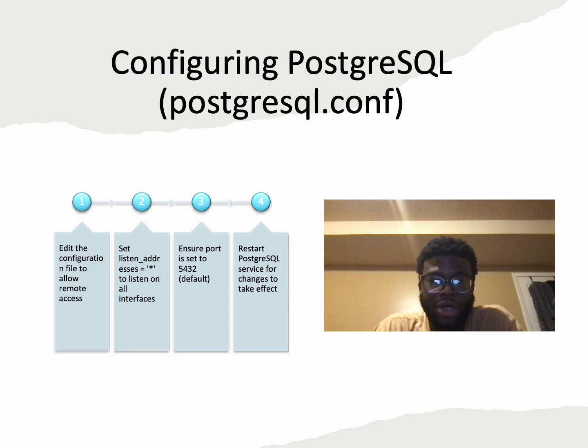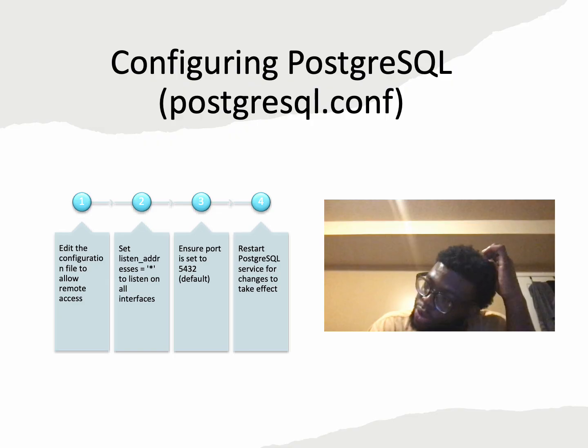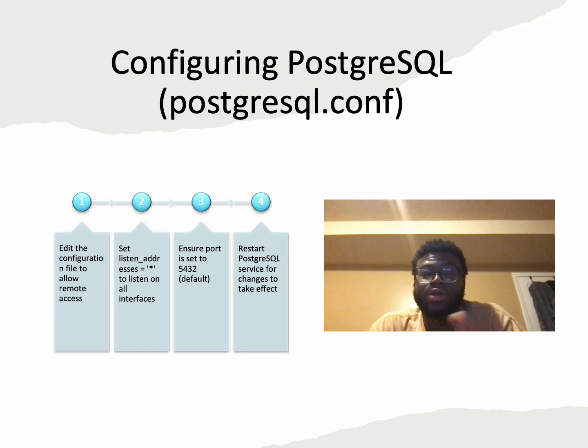Then you ensure that the port for PostgreSQL is set to the default, which is 5432. Then you restart the PostgreSQL service for changes to take effect. So when you're done configuring, you have to restart it so that it can be up to date and start working as you have configured it.